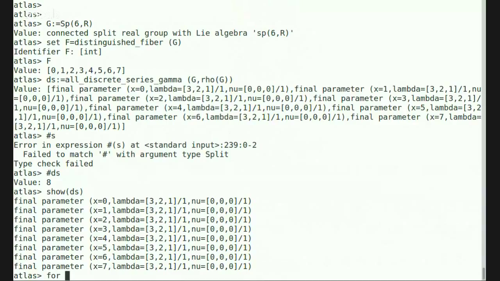For I in F, let's look at I and rho sub k of KGB element I. F is this fundamental fiber, so that's just the numbers 0 through 7. And I want to look at rho k of the corresponding KGB elements.